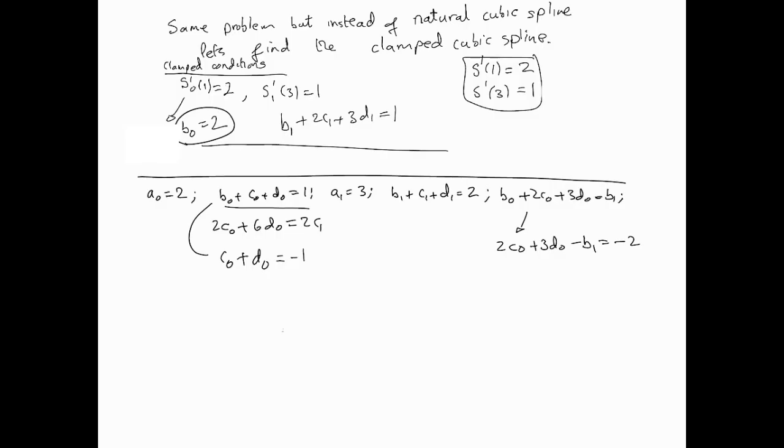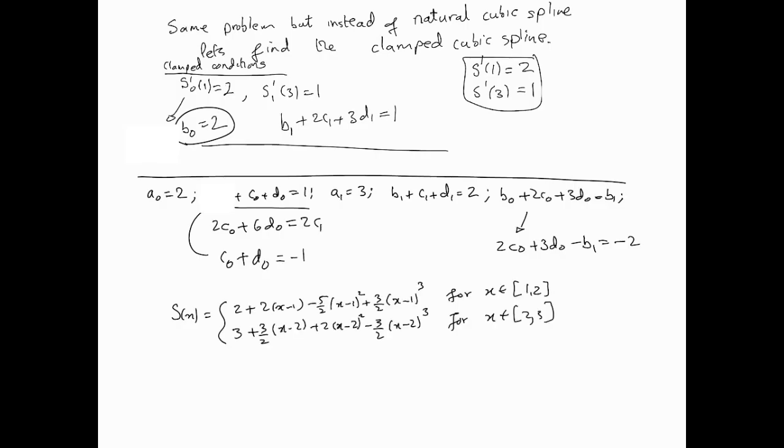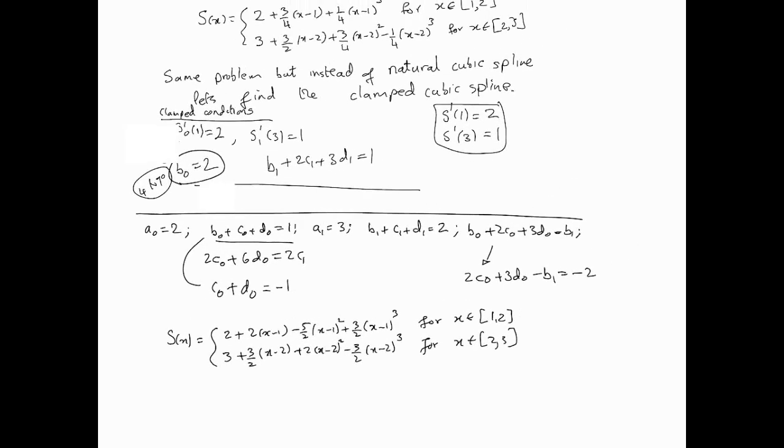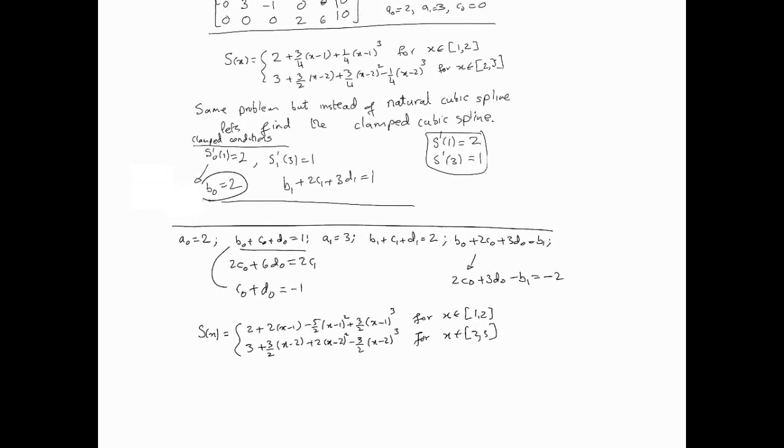So that one's updated, and now we have this system of equations, which, as I said in the previous example, when we solve it, we end up with the following result: s of x turns out to be this. This is the resulting polynomial, and I want to show you both here so you can see the difference.